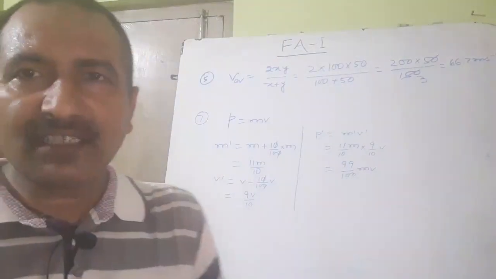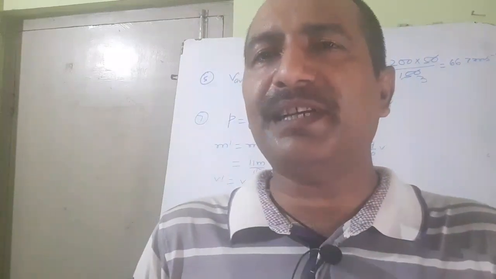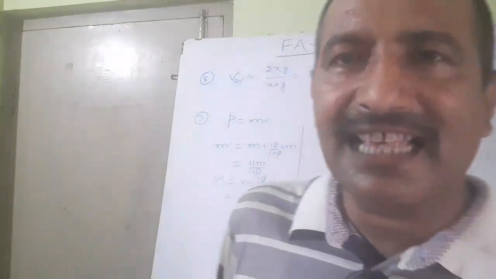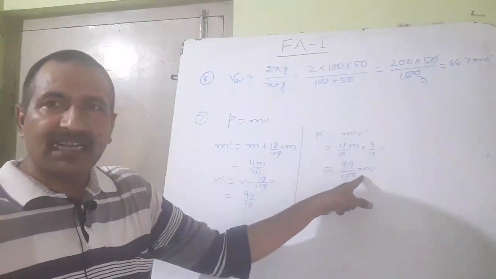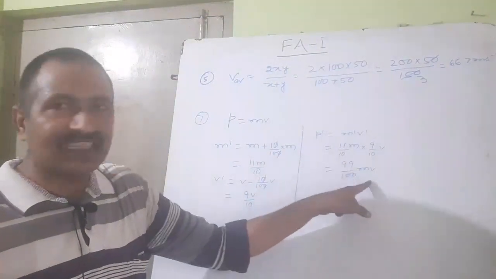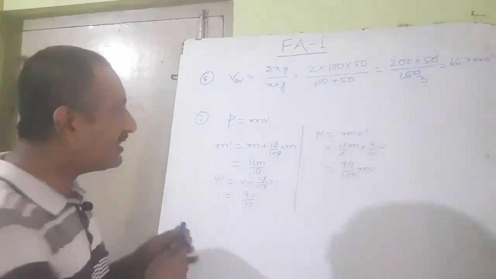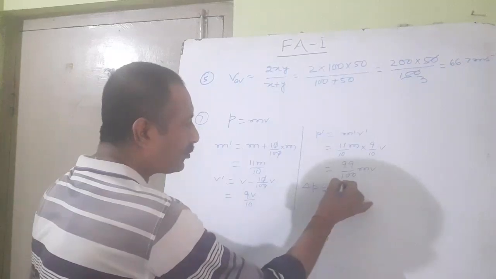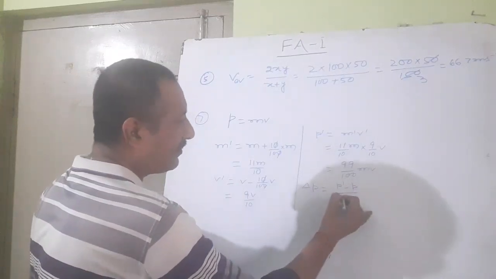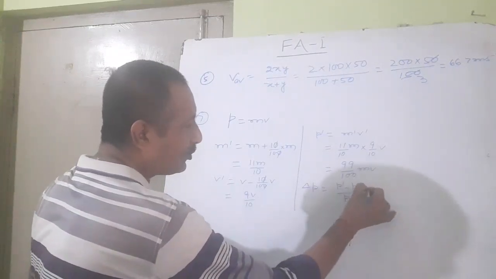Now what is the question? The question is the percentage change in its linear momentum, means by how much percent it has been reduced. You see, it was mv, now it is 99 by 100 mv. So what is the percentage change? Percentage change means delta P is equal to P dash minus P by P into 100.